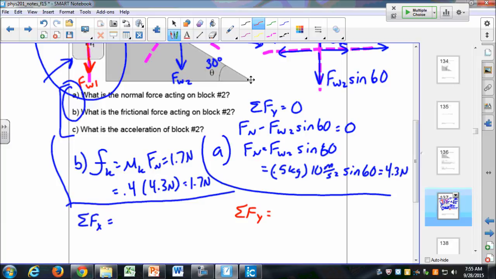Be careful about your masses. Make sure that you get the correct mass for each equation. Because notice that there are different masses moving. So go ahead and write out those equations, the sum of the forces in the x and the sum of the forces in the y for each of the free body diagrams.